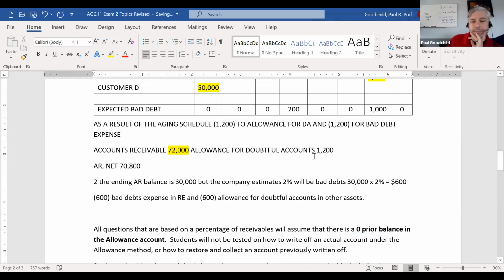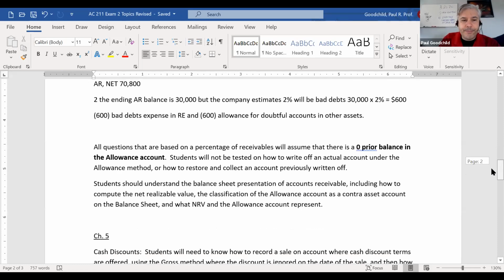Correct. Correct. One of the things that the text kind of goes through and I didn't catch it initially is that if the doubtful accounts had a balance of 500 or negative 500, then I would have to adjust that and this would have been 700, but you don't have to worry about that.